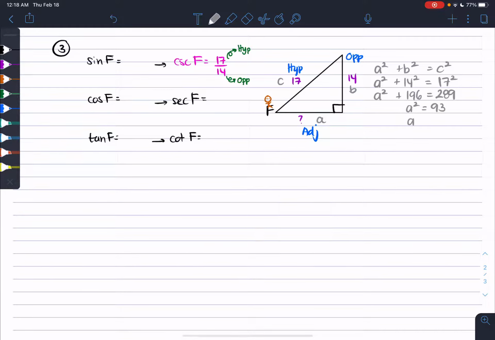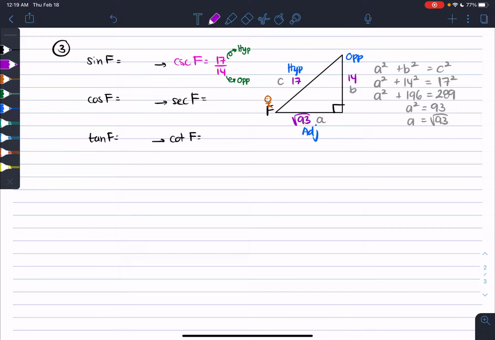And a finally equals the square root of 93. So now the side adjacent to F is the square root of 93.